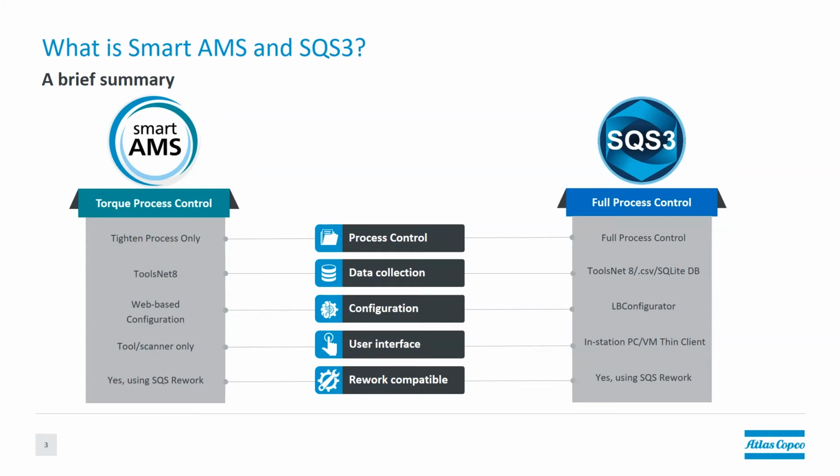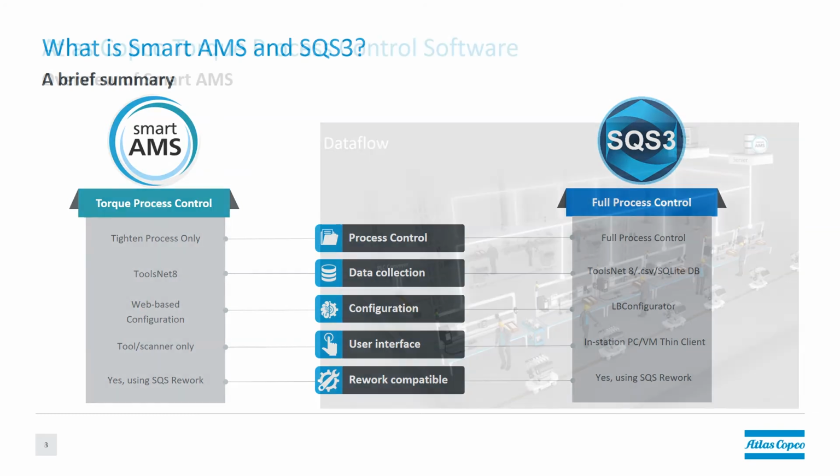User interface. The user interface for Smart AMS is tool and scanner only, whereas for the SQS, the user interface is an in-station PC or a virtual machine thin client. They are both rework compatible, utilizing the SQS rework.